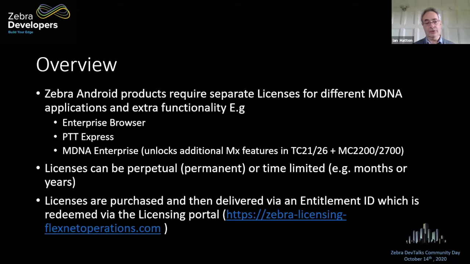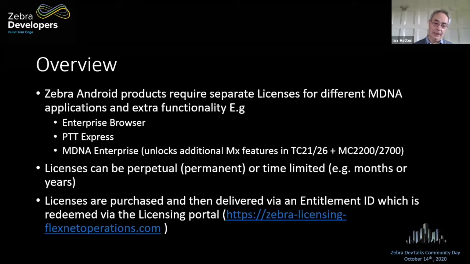Whereas previously, we've had other products which need a license like Enterprise Browser, PTT Express, for example, those tend to be fairly specific use cases, whereas for the newer products like the 21, 26, and also the upcoming 2200, 2700, I think a lot of customers are going to require the additional MDNA features which require the license to be installed.